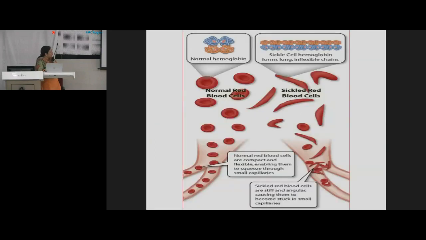You can see here normal red blood cells, and these are sickle shaped cells because of the formation of this long inflexible chain of hemoglobin S attached to each other. So there will be distortion of the shape of the RBCs.